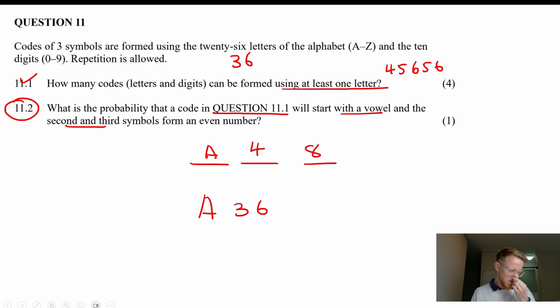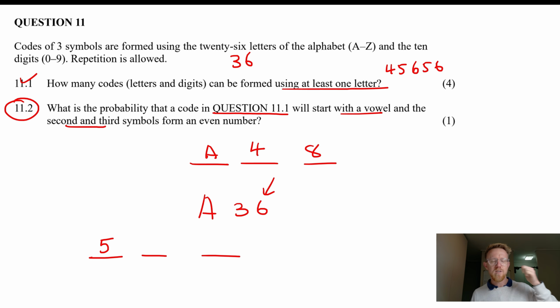So what this then means is that for the first position, it has to be a vowel. So out of the 26 letters of the alphabet, there are 5 vowels: A, E, I, O, U. I should be an English teacher. And then for the next position, or let's rather look at the very end, for this number to be an even number, it's only the last digit that has to be the even number.